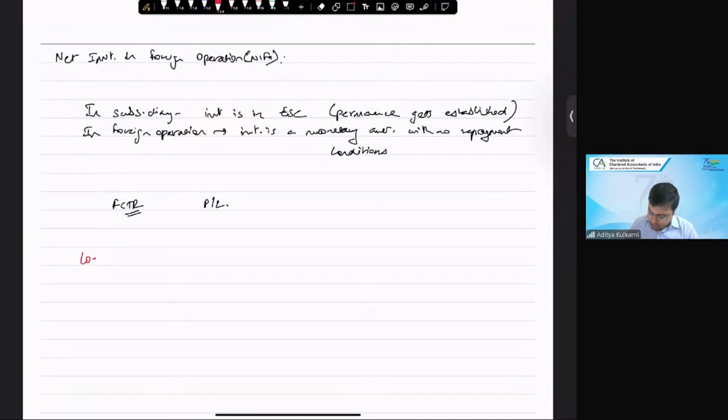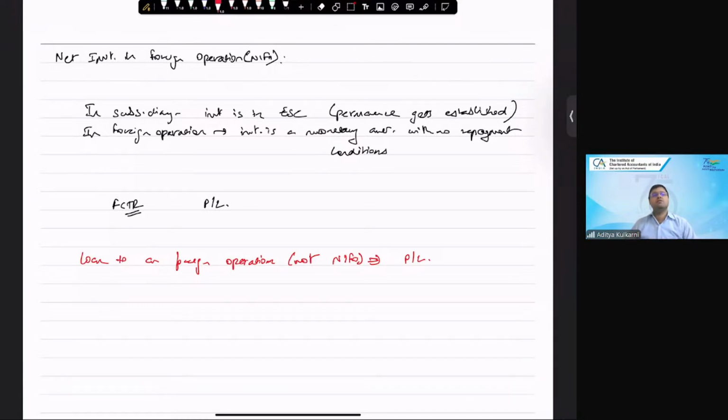See, I give a loan to a foreign operation. Not NIFO, a regular loan. So where will the foreign currency fluctuations go and sit? This will go and sit in the profit and loss because you do the restatement at the balance sheet date. You very much expect the repayment.